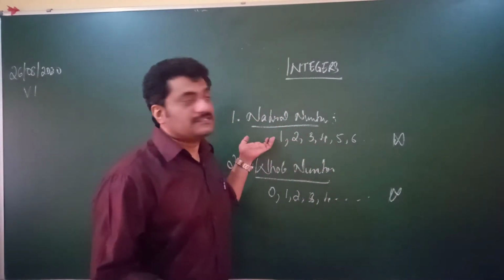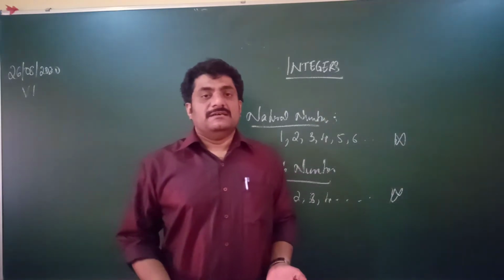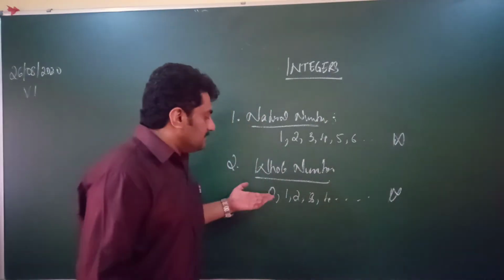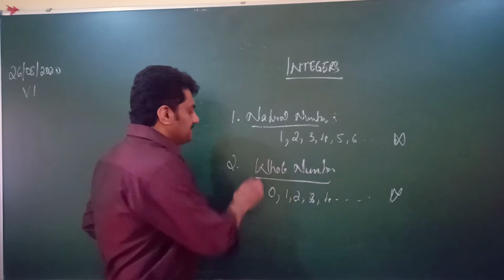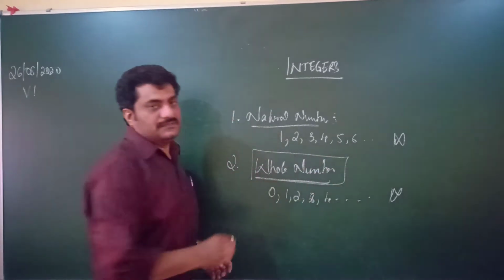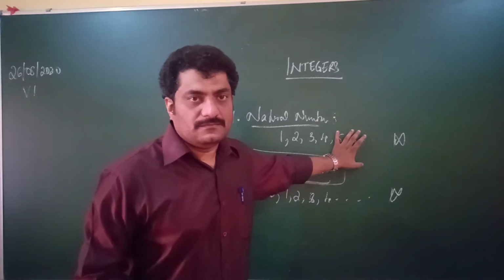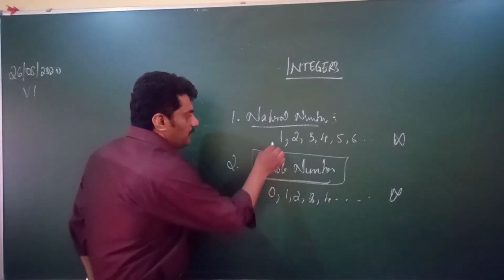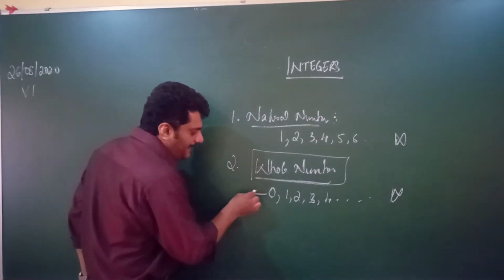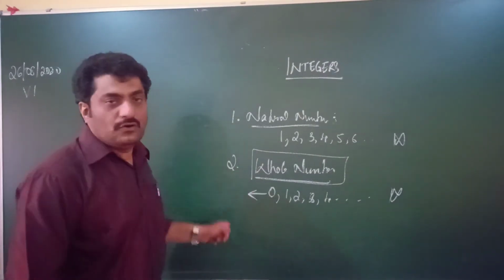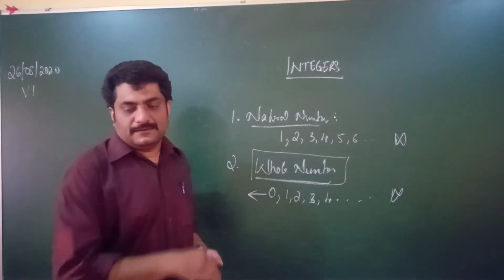That is the reason they are called natural numbers. But the numbers always start with 0, 1, 2, 3, and these are called whole numbers. Now the concept of these numbers we already know.